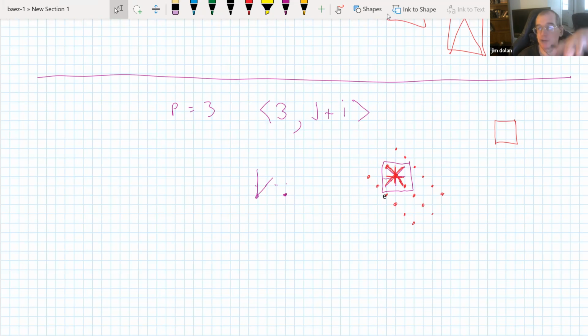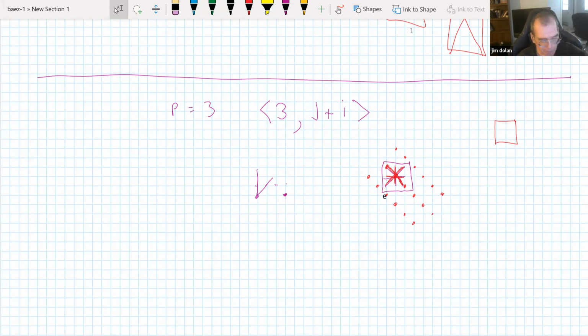You're taking the Gaussian integers modulo 3, which is a 9-element field, but we're just thinking of it as an additive abelian group for the moment. And we're looking at its additive subgroups. And there's just 4 of them, because it's a 2-dimensional vector space over Z mod 3, and the projective line over Z mod 3 has 4 points.